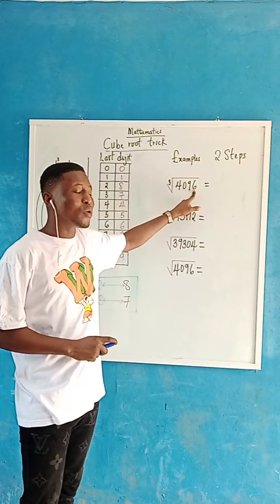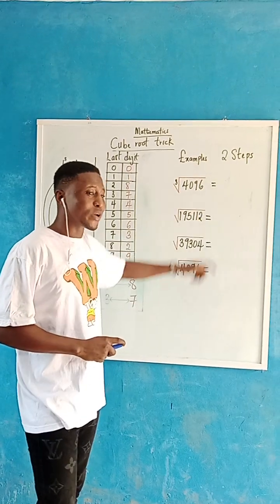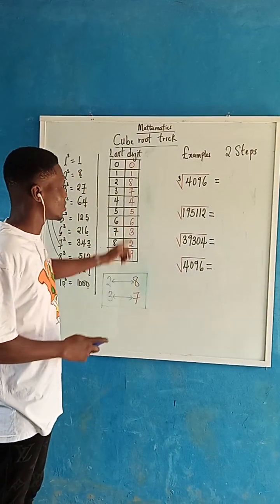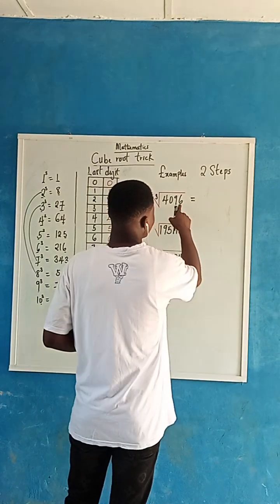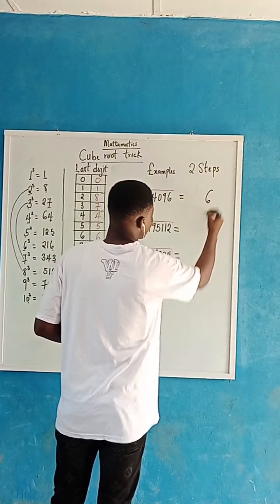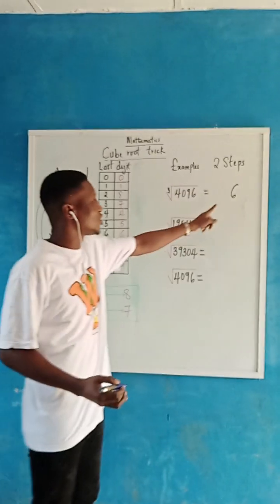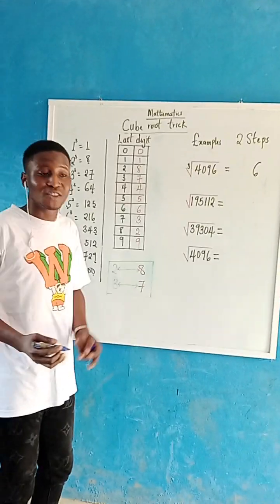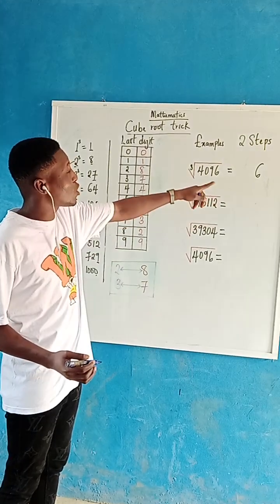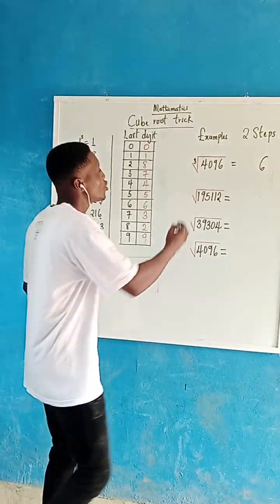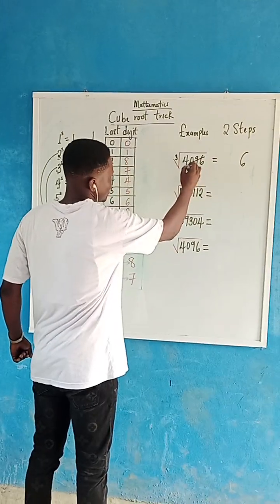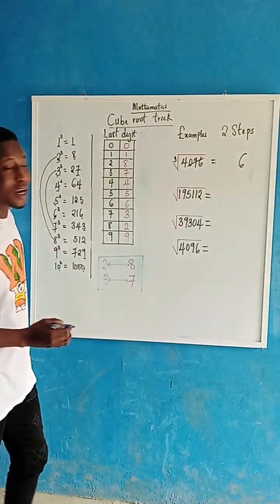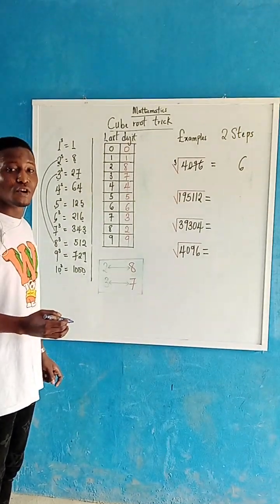So like I said, whenever the last digit is 6, we can find it at 6. Since we can find it at 6, then we'll cancel, since we are talking about cube roots, which means 3 numbers, then it means we are going to cancel the last 3 numbers. So we have cancelled out the last 3 numbers.